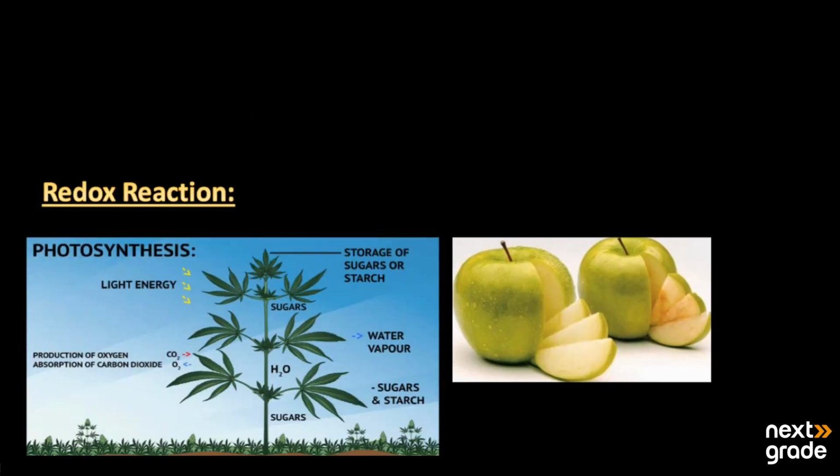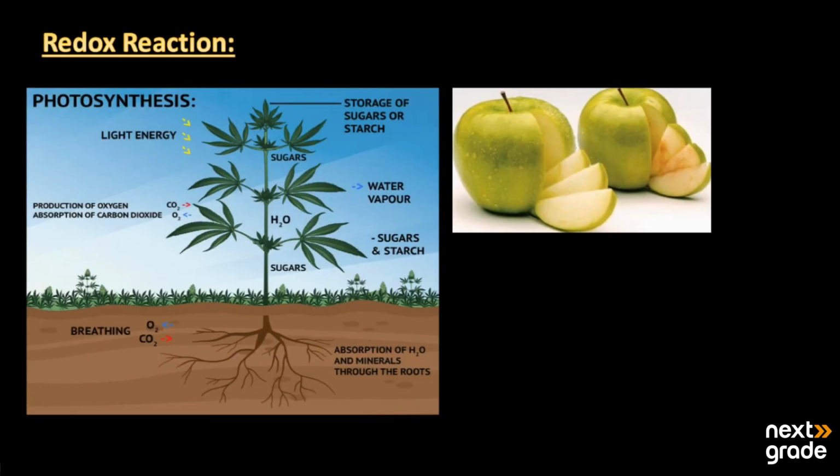On the other hand, we have examples from our daily life for redox reactions. If we put an apple on the table in peeled form or in the form of pieces, after some time we see that the color of the apple starts to change into brown, the color of rust, because the iron is undergoing the process of oxidation.